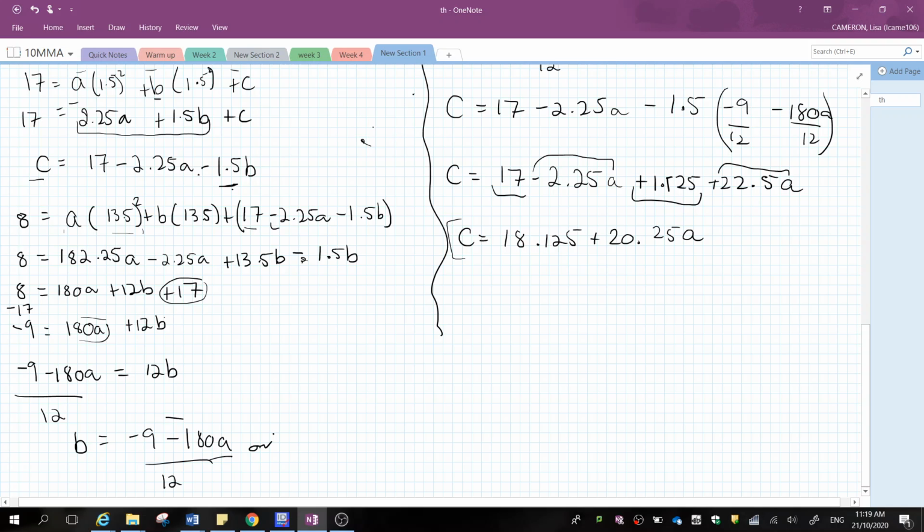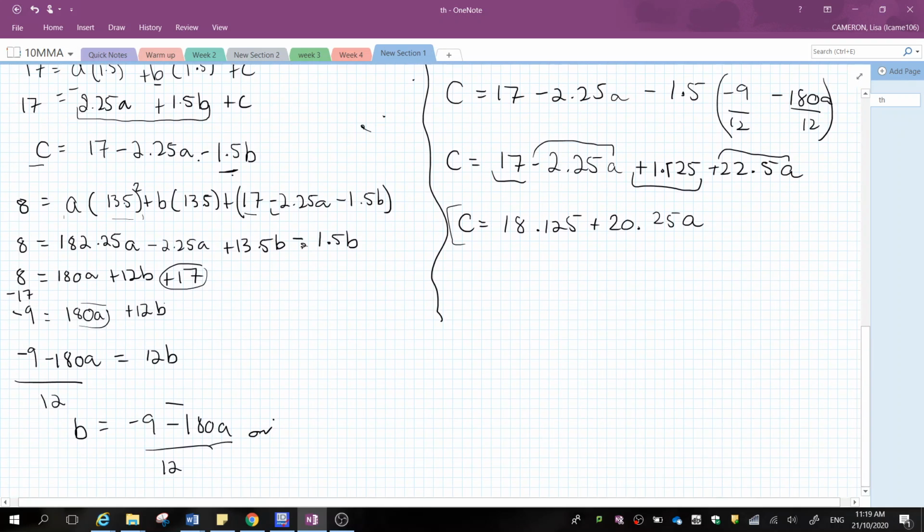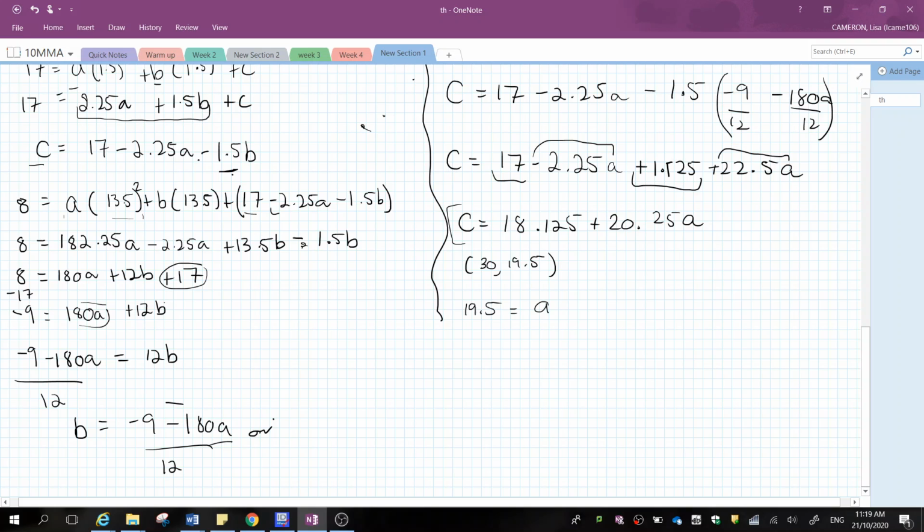Okay, so now, let's look for that coordinate again. So it was 30 and 19.5. So now 30, 19.5. So y equals 19.5 equals A 30 squared plus B 30 plus C. And I'm going to substitute C in and I'm going to substitute B in.